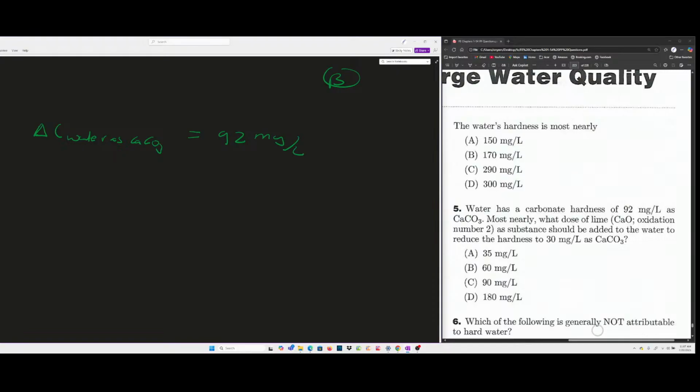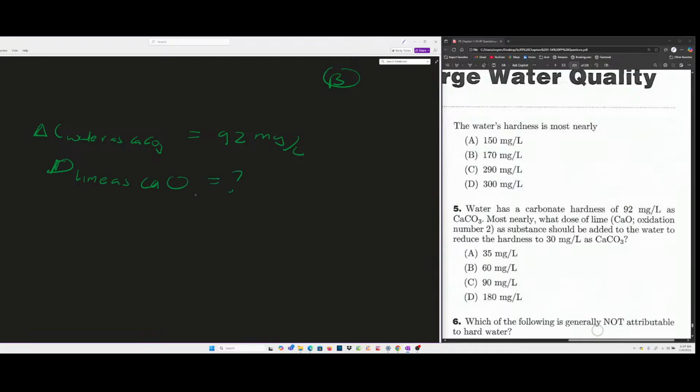What we want, most nearly, is the dose of lime, which I can also call the concentration of lime. We'll represent it as D, the dose of lime, which is CaO.